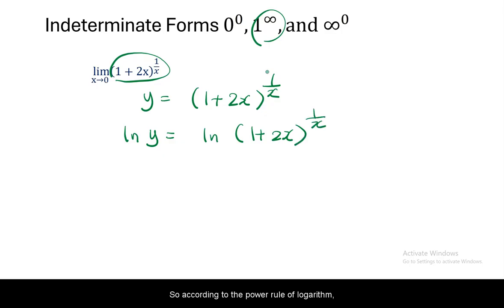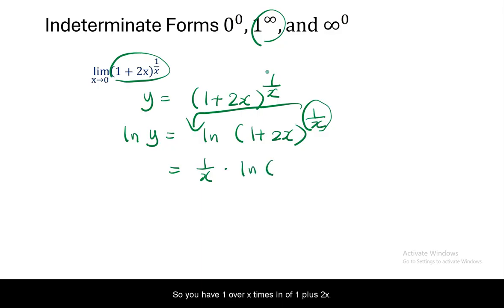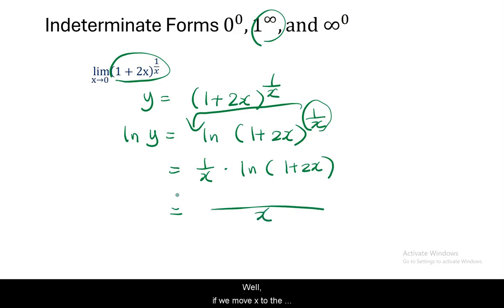According to the power rule of logarithm, you can move this power to the front. So you have 1 over x times ln of 1 plus 2x. If we move x to the denominator, we have ln of 1 plus 2x over x.